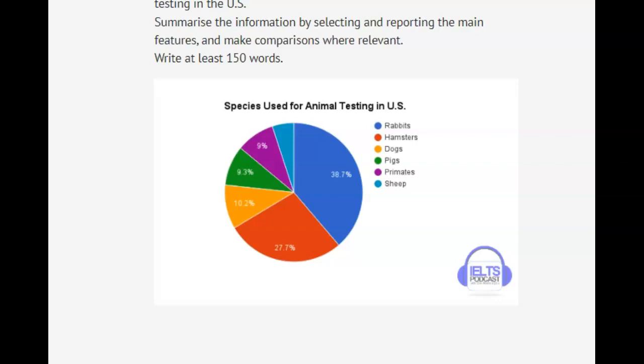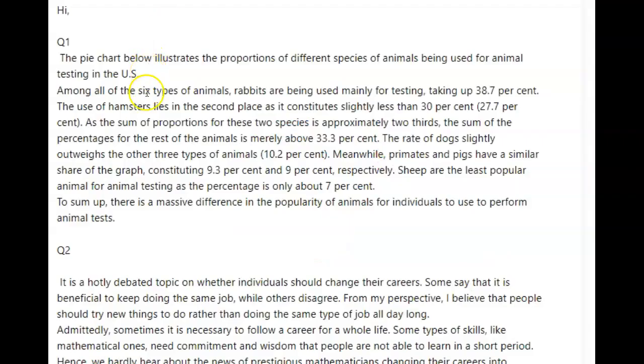I did see some information that I thought could have been left out. So let's talk a little bit about that. I liked that you did this, that the proportions of these two species is approximately 2/3. I didn't think that this was necessary. Okay? In fact, I would have left that out.